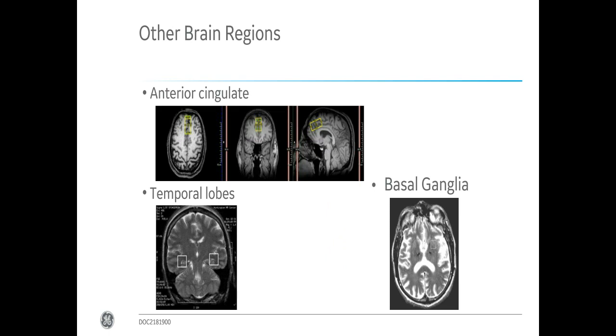There are other brain regions that become popular in the literature. One is the anterior cingulate, which is very similar to the posterior cingulate, except that it is slightly elongated to capture much of the cingulate. It is, of course, placed in the frontal part of the brain. It's slightly rotated.